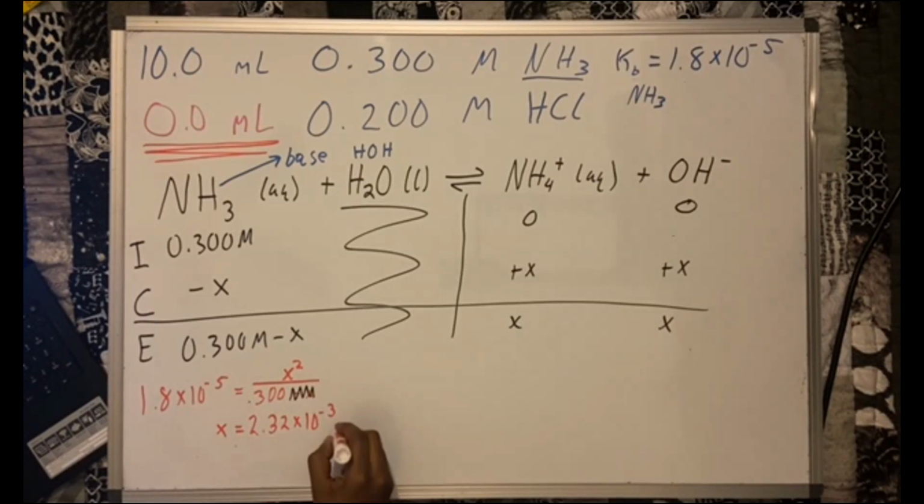Well, I guess just 2.3, right? Sig figs. I'll try not to be lazy with my sig figs here. Multiply by this, multiply by that, and then take the square root. Correct.